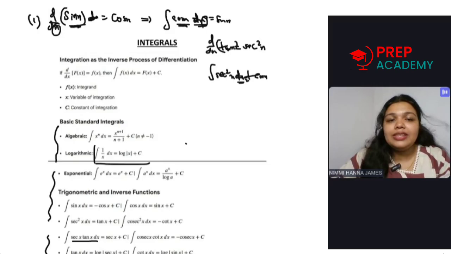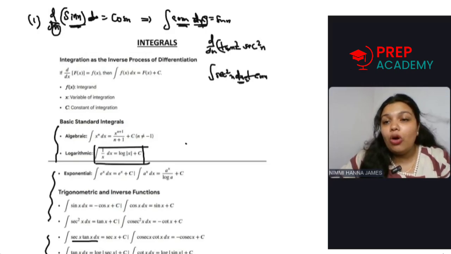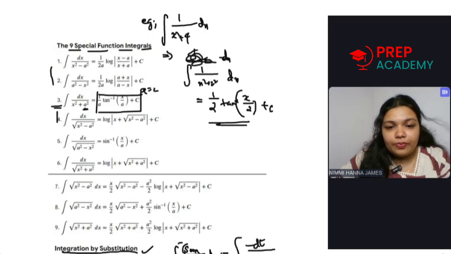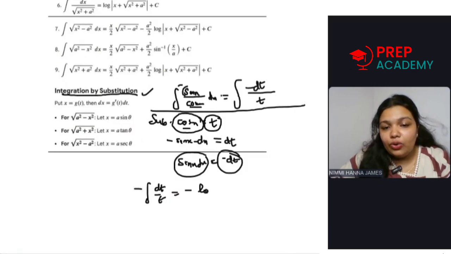Integral of 1 by x dx is log mod x plus c. So the integral of 1 by t dt is log mod t plus c. And we have to substitute it back. We shouldn't keep it as t. Initially the question was in terms of x.